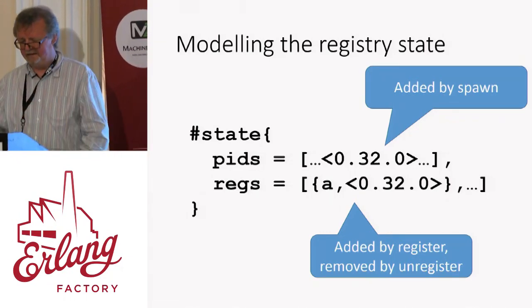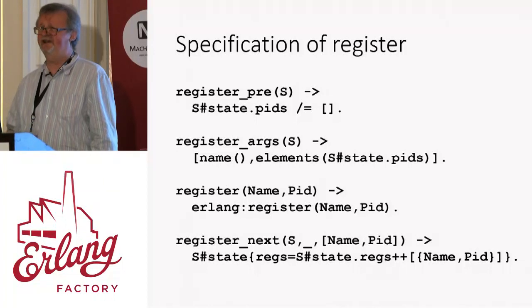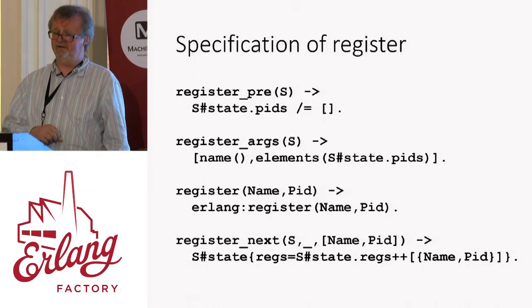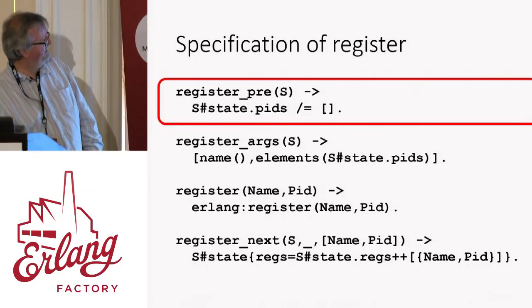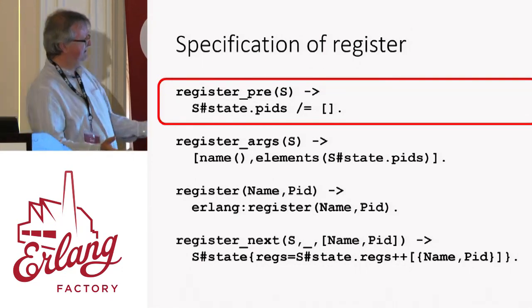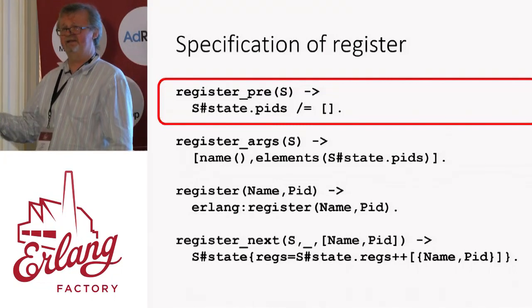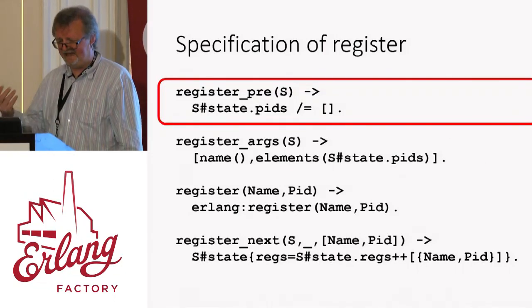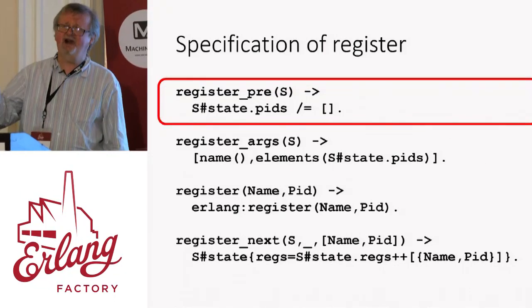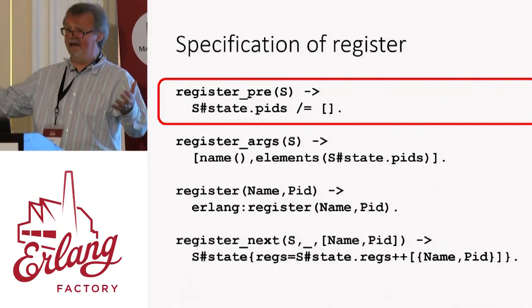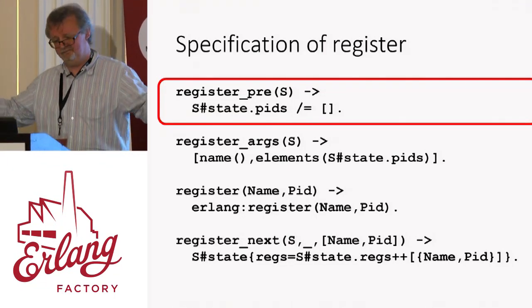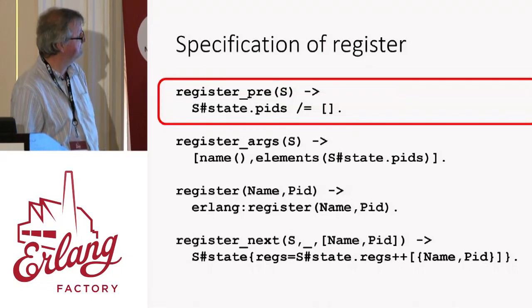So with this model, I can write a very simple specification of register. Here's what it looks like. We've got a precondition, first of all. It's defined by a number of callback functions that characterize different aspects of register's behavior. The first one says, don't even try to call register unless you have some PIDs. Of course, you can't.